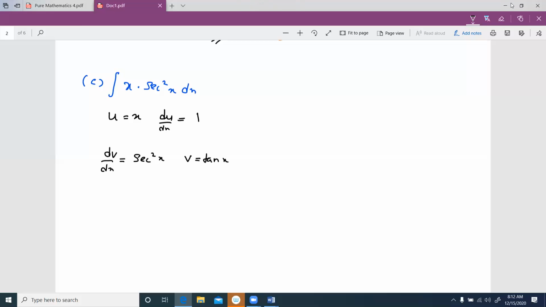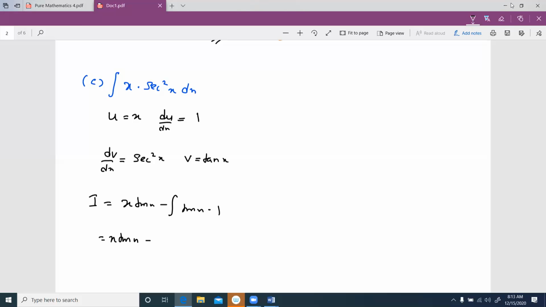Then if you want to find out I, it is equal to uv, where u is x and v is tan x, minus the integration of v du by dx, tan x into 1. So we can say x tan x minus, what is the integration of tan x?